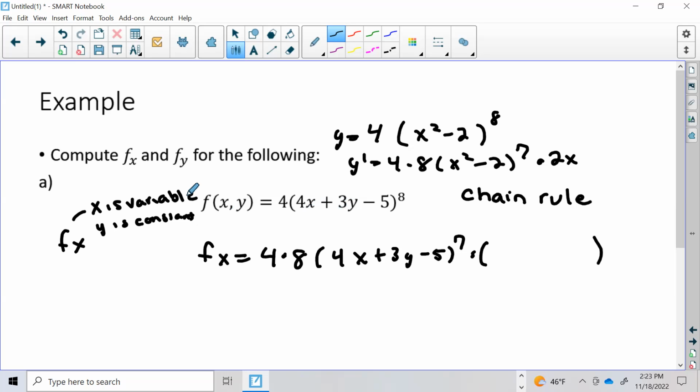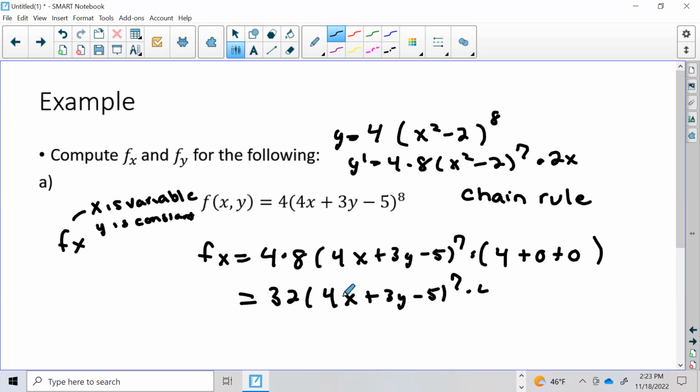So again, x is my variable, y is my constant. So the derivative of 4x is just 4. 3y, well, that's a constant, so that's really 0. And minus 5 is also 0. So this becomes, let's see, 32, 4x plus 3y minus 5 to the 7th times 4. And then I can multiply my 32 times 4 because they both don't have exponents on it.